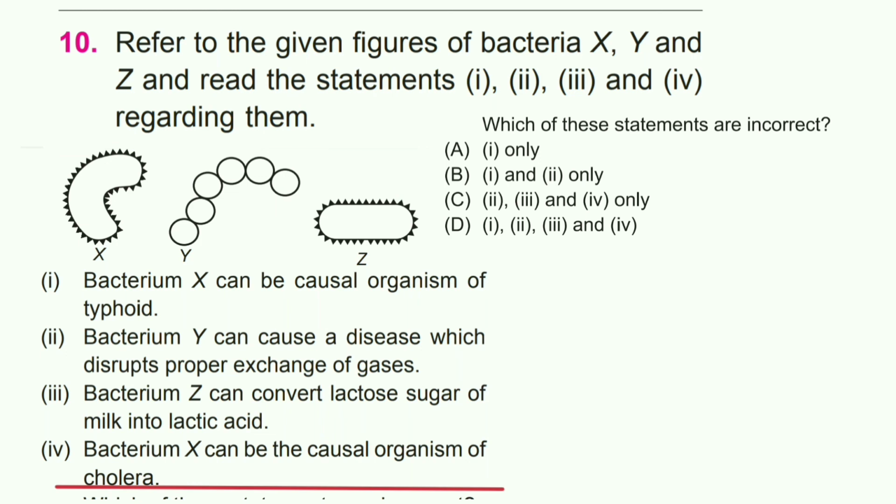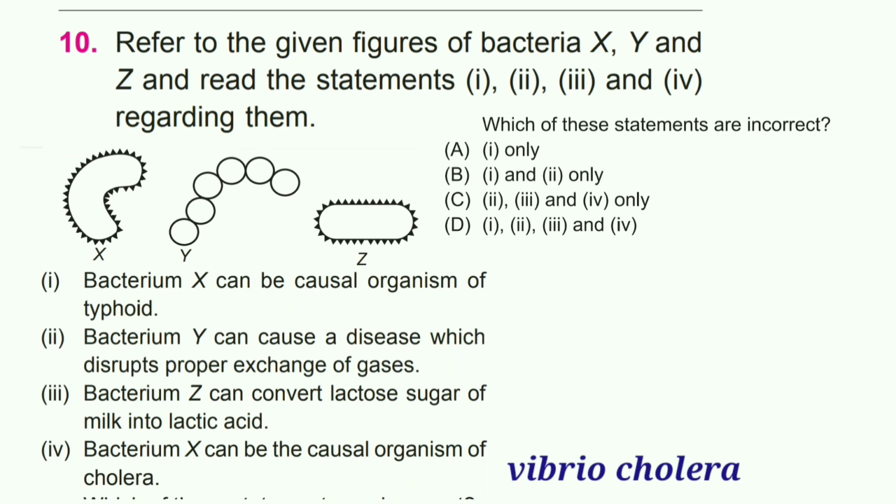Regarding statement 4, bacterium X can be the causal organism of cholera. It is a correct statement. Cholera is caused by Vibrio cholerae and it is comma-shaped. X is also comma-shaped. So statement 4 is correct. Statement 2. Bacterium Y can cause a disease which disrupts proper exchange of gases.